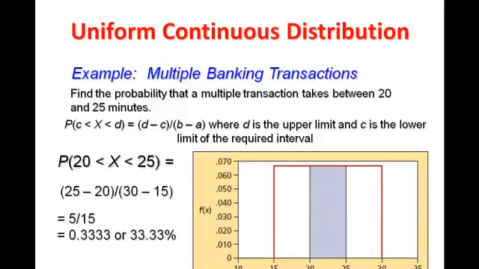Basically, this is my A, 15, 30 is my B, 20 is my C, and 25 is my D. So all we're doing is taking the difference as a ratio of the entire distribution. We're taking 5 divided by the difference, 15, or 33.3% of the probability.